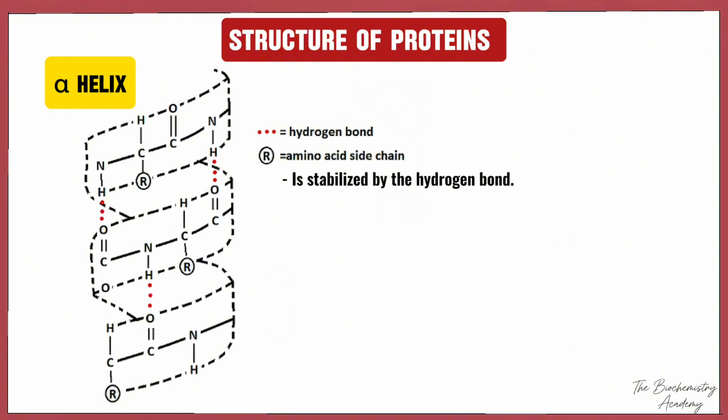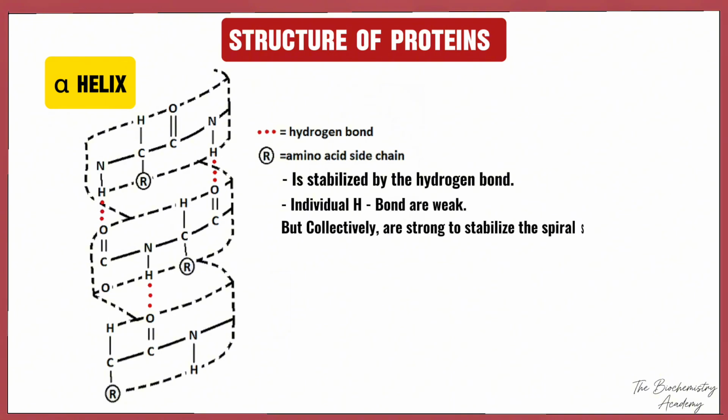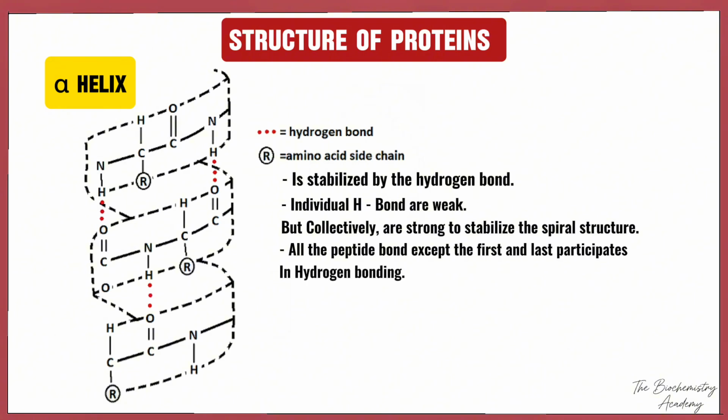It is formed between the hydrogen of the nitrogen and the oxygen that is attached to the carbon. Individual hydrogen bonds are weak, but collectively they are strong enough to stabilize the spiral structure. Note that all the peptide bonds except the first and the last participate in hydrogen bonding.